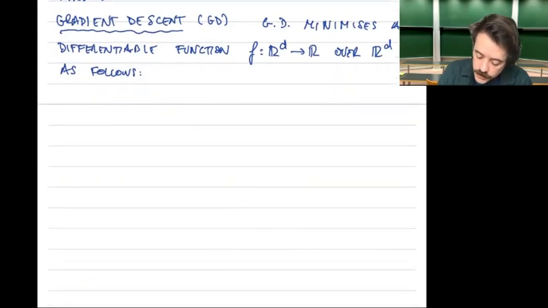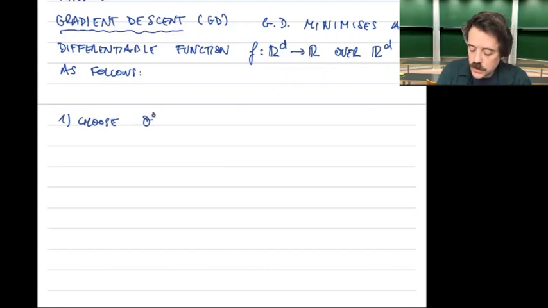First, choose an initial point, so choose theta 0. This, of course, belongs to R^d.